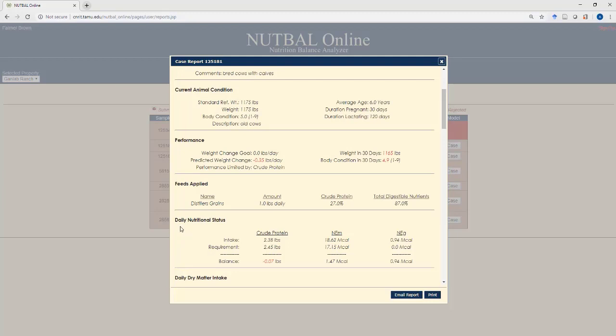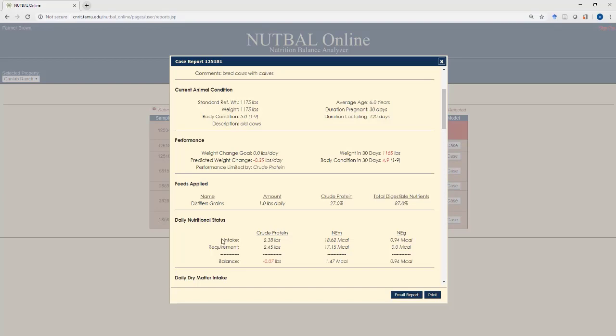This next section is our daily nutritional status description, and it goes into more detail breaking down just how much nutrients that NUTBAL predicts your animals are consuming versus the requirements that it has calculated based on your animal parameters, and it breaks down exactly what your limiting nutrient is and how much your animal is consuming in excess of their required nutritional value.